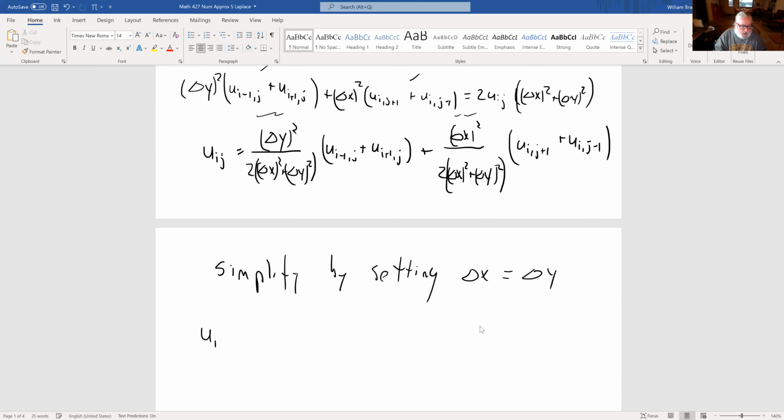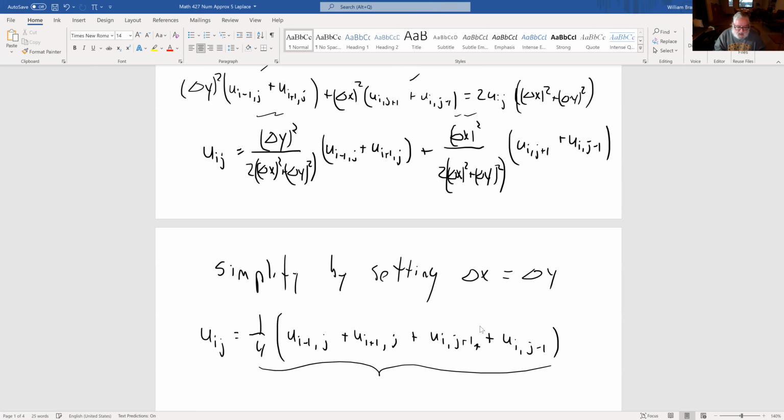So it becomes uij equals 1/4 times ui minus 1, comma j, plus ui plus 1, comma j, plus ui, j plus 1, plus ui, j minus 1.